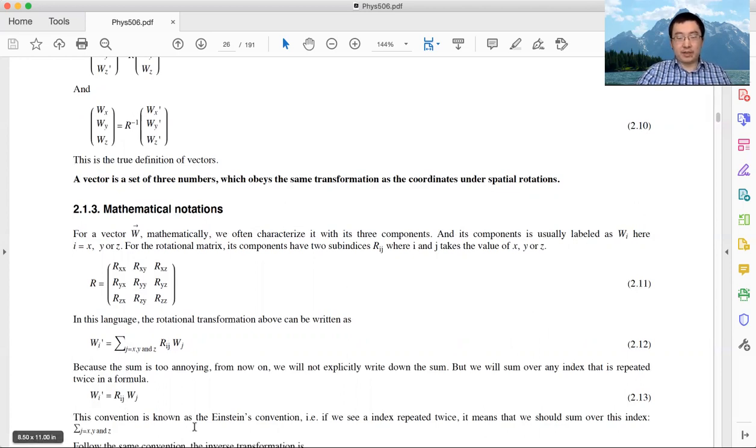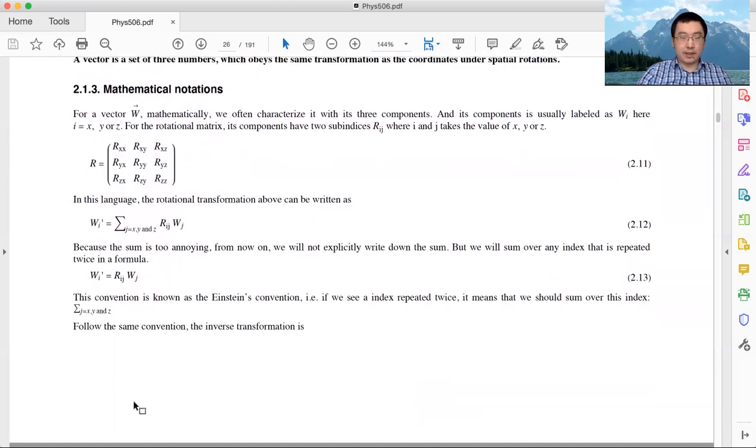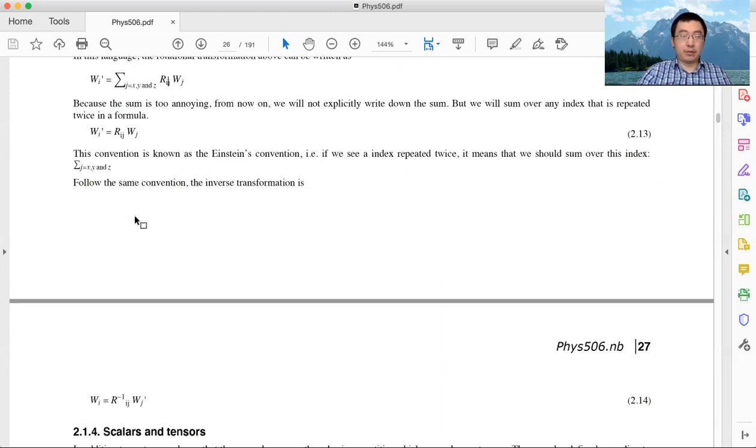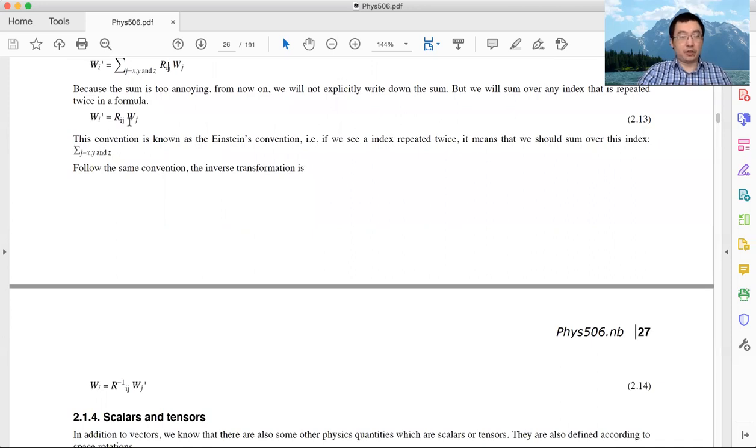We will use Einstein's convention because of the repeating index. j is a repeating index, so j will be summed over automatically. We will follow this convention. The sum sign is gone now. We don't write it down explicitly, but we still need to do the sum. As long as we see repeating indices, it means we sum j equals x, j equals y, j equals z.